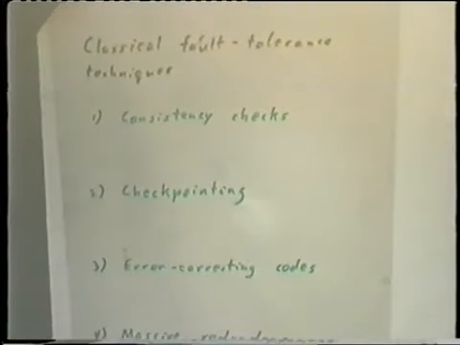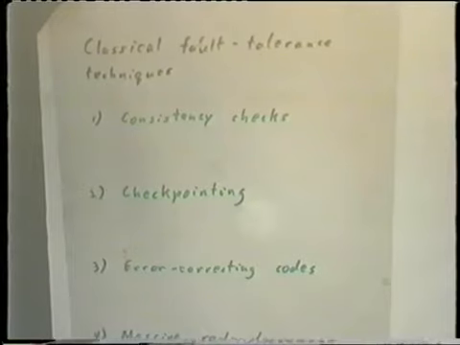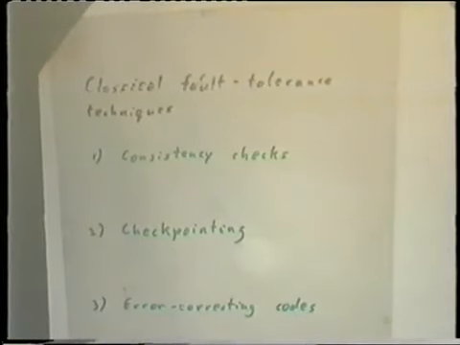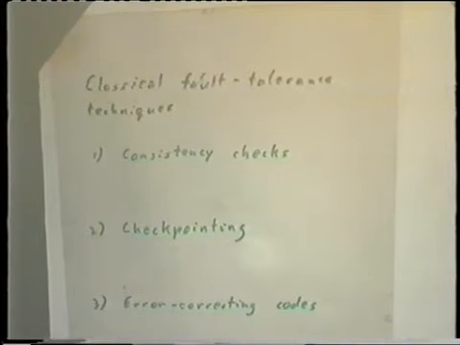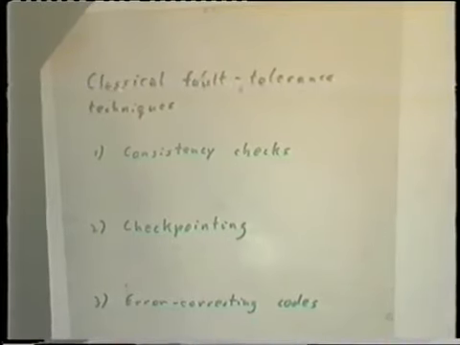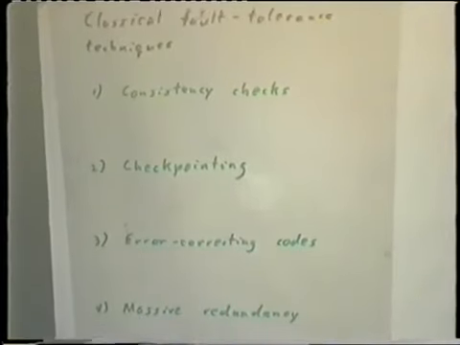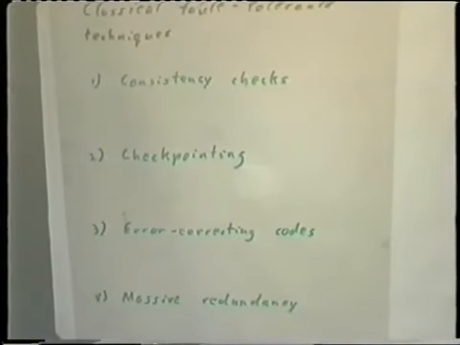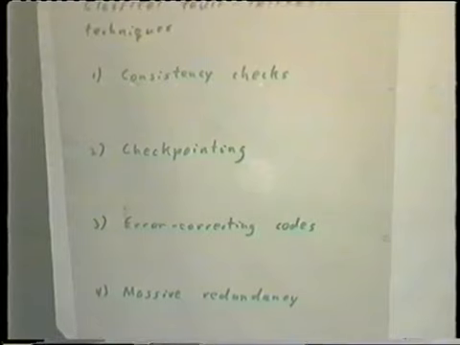So you can ask whether you can do the same thing for quantum computers. And you can come up with a list of classical fault tolerance techniques. The one von Neumann used for the proof was massive redundancy, so you just take every bit that's stored in the computer and have many copies of it.